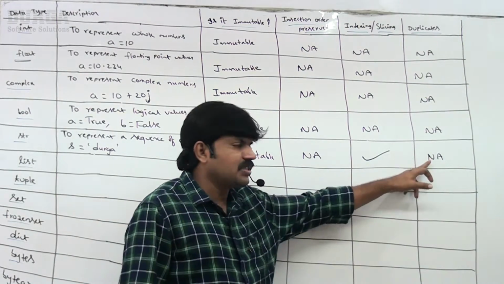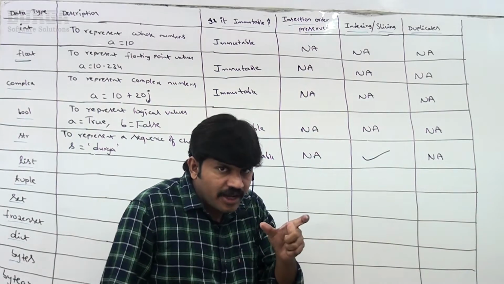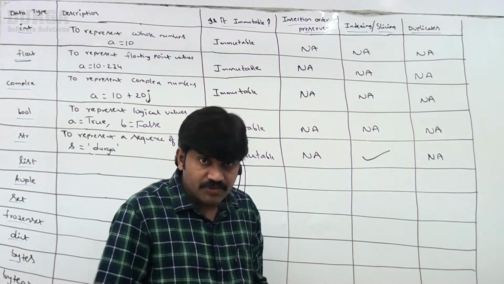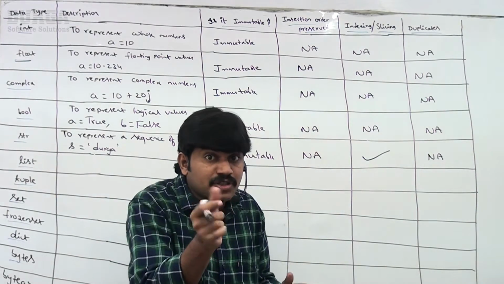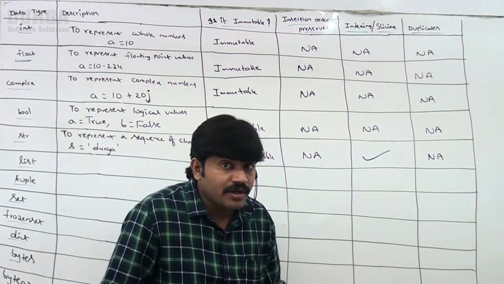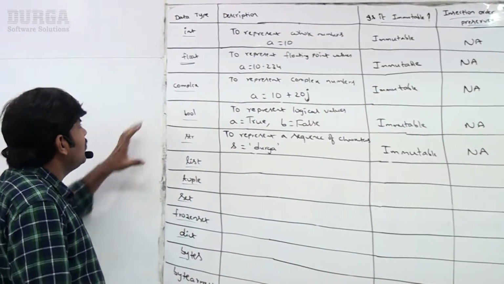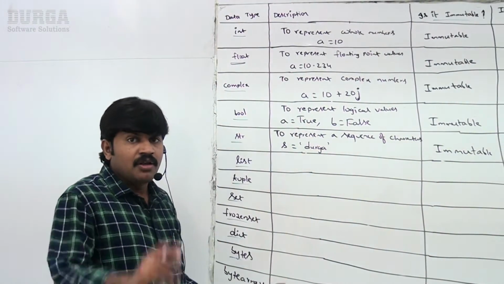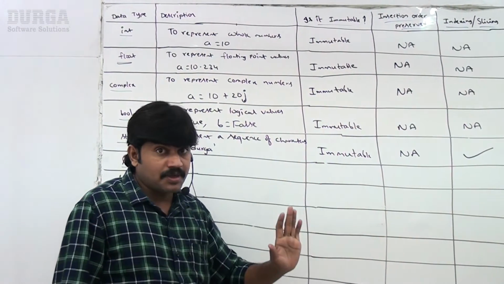To access a single character, we use an index. To access a group of characters, a substring, we go for the slice operator. That's all. These are the first 5 fundamental data types we have. All fundamental data types are immutable, remember that carefully.